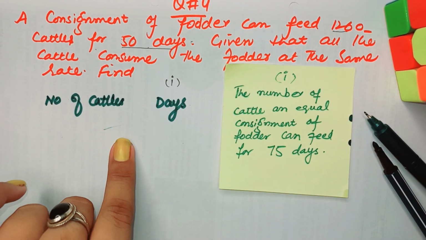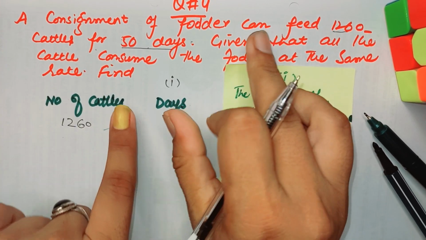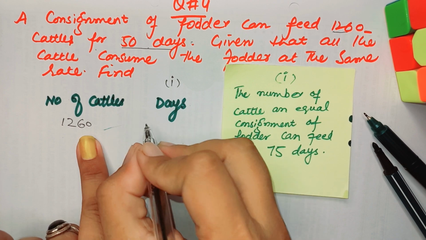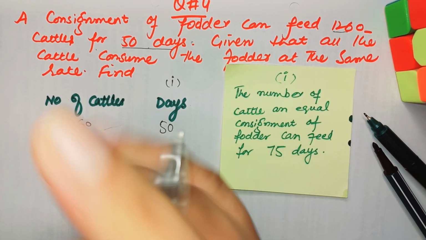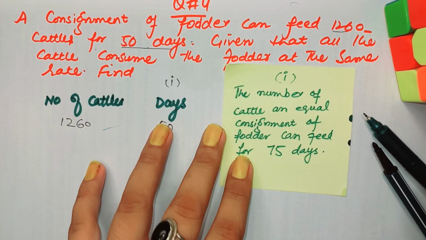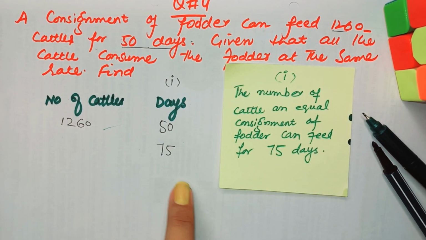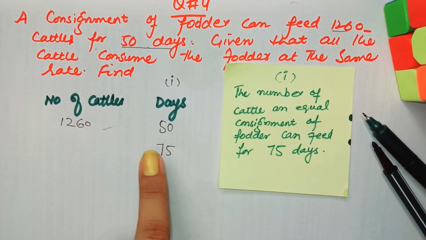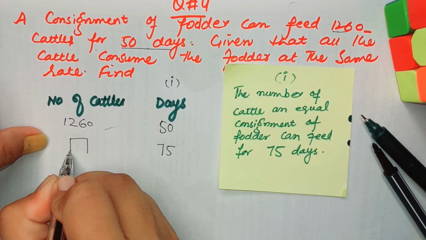Two quantities we have. 1260 cattle and they are consuming fodder for 50 days कि वो चारा 50 days में consume कर लेती हैं. And in the first part we have 75 days. Now we have to check it out for number of cattle.